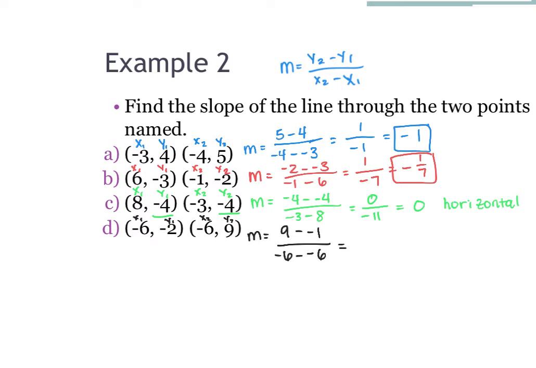Oh, I'm sorry, I put negative 1. It should be minus negative 2. Okay, so 9 minus negative 2 is going to give us 11 on the top, because it's 9 plus 2. And negative 6 plus 6 is going to give us 0. Now, this is not 0. This is undefined. Which means that it has to be a vertical line.